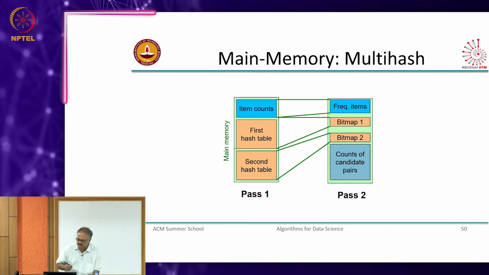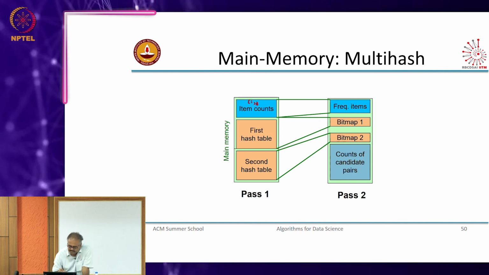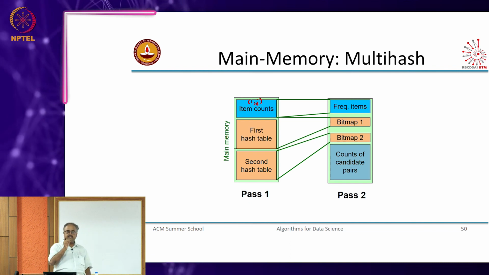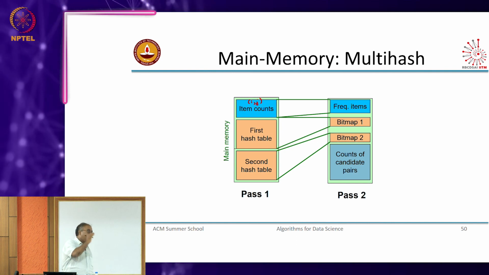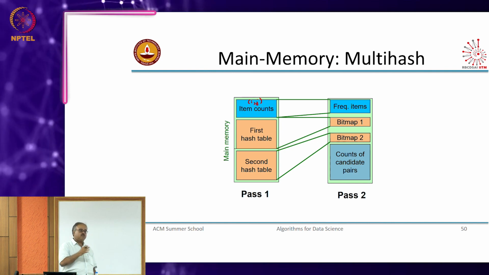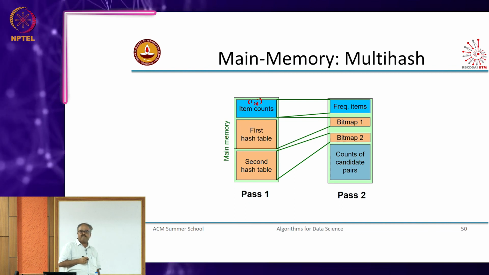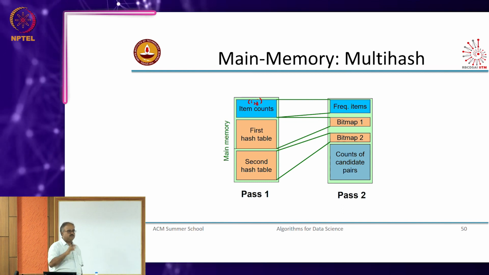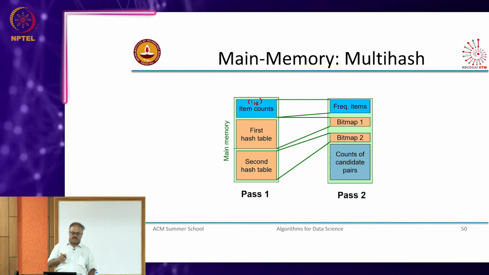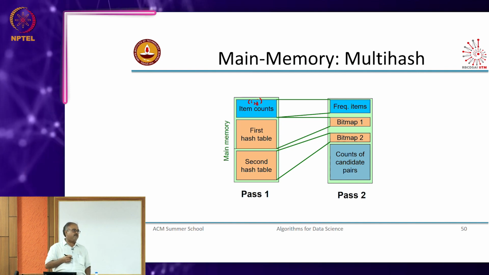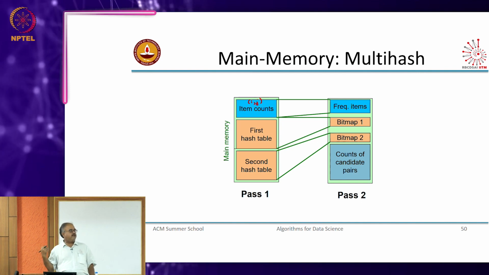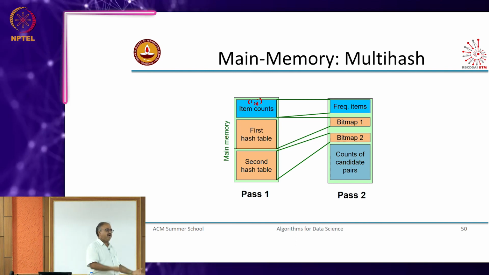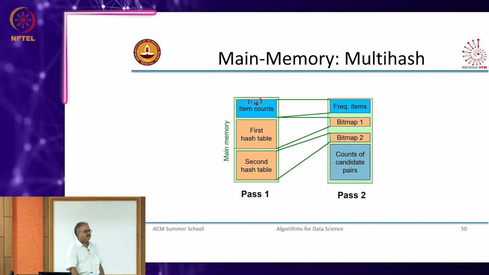So you take a pair ij, and if ij is truly frequent, every bucket ij hashes to will have to show up as frequent. So if in one hash it hashes to a frequent bucket and in another hash it hashes to an infrequent bucket, that means that ij itself was not truly frequent. If ij is frequent, i has to be frequent, j has to be frequent.